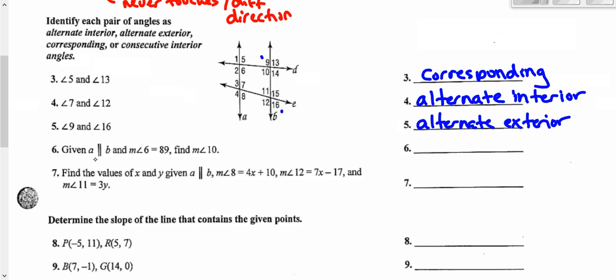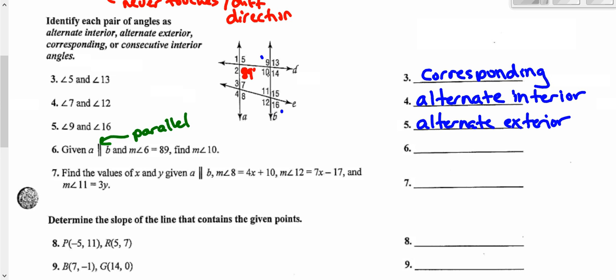So here it says given A is parallel to B, let's go ahead and mark that as parallel. The measure of angle 6 is 89 degrees. So I'm going to go ahead and write that in. So right here is 89. Find the measure of angle 10.